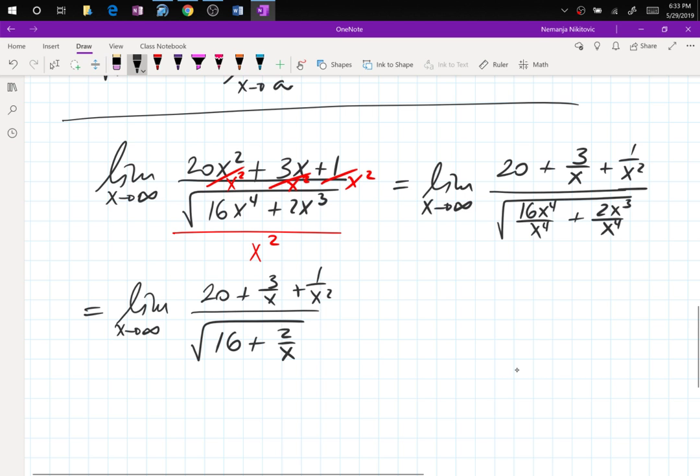We talked about it, right? You take one piece of paper and divide it infinitely many times, which means you are cutting it infinitely many times. So each one of these goes to 0, and we are left with 20 divided by the square root of 16, which is 5.